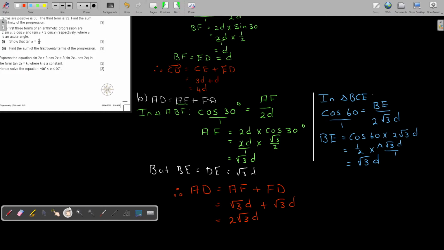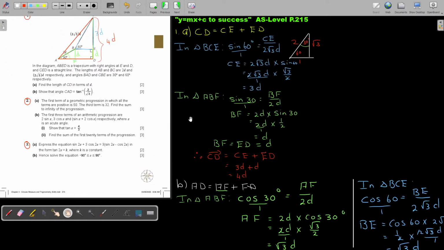Okay, so can I just go back again and just saying that this, just make it red, this is 2 square root 3D.